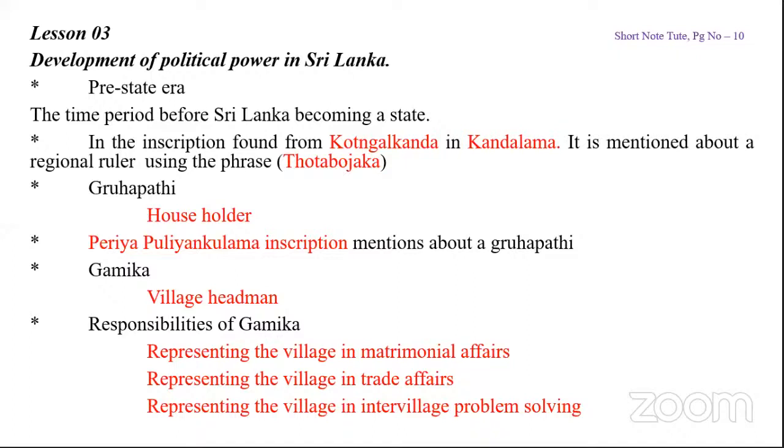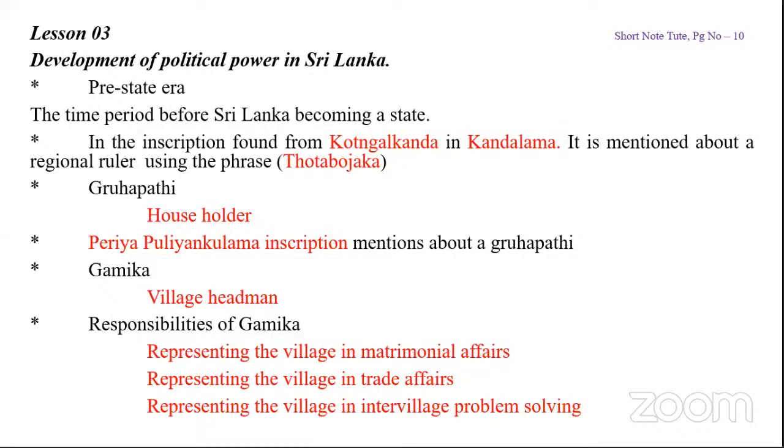Those who received very rich land started receiving extra income, extra production. So the people who got less production because of less fertile lands had to depend on those people who received a very good harvest. Gradually, those people became the Gamikas, leaders of the village.